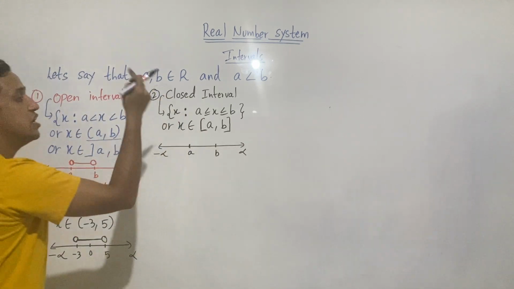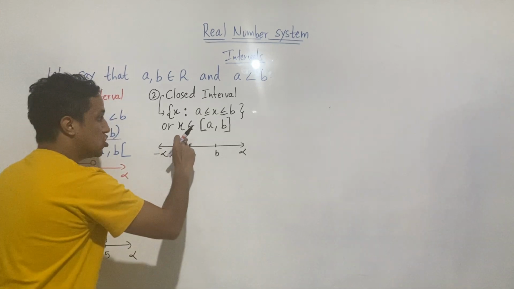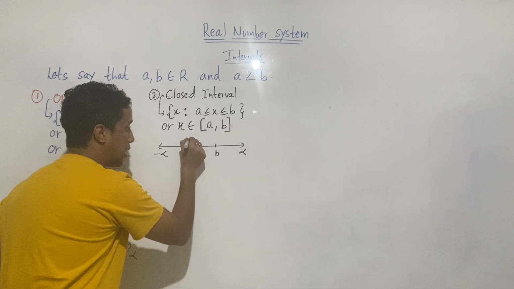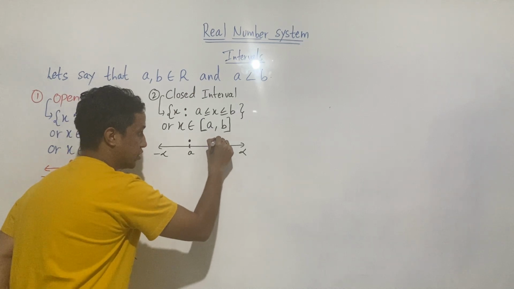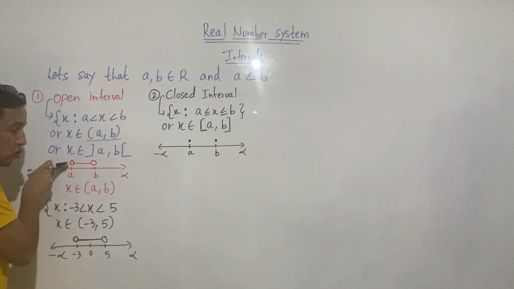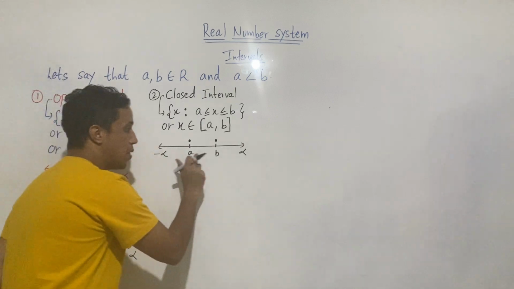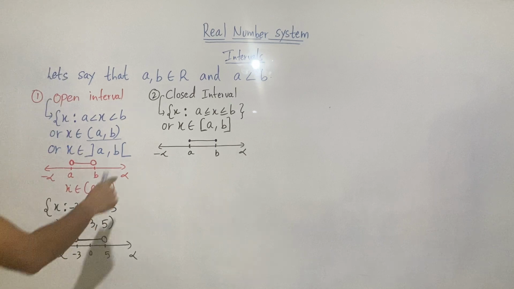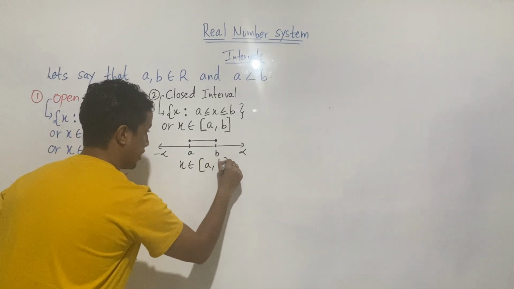Then I know that these two points are included because here I have closed brackets. So inclusion is represented by a solid dot. b is also included, solid dot. Now you can see that earlier I used hollow dots because a and b were both excluded, and here they are included, so I have to use solid dots. So this represents x belongs to the closed interval [a, b].